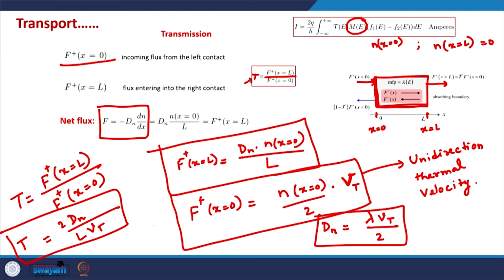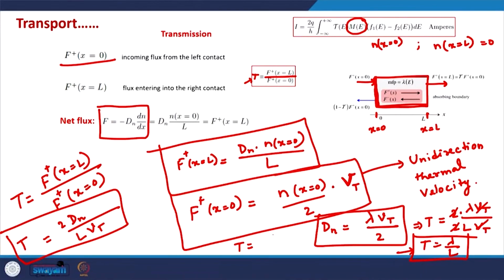If we put this in, then the transmission coefficient in the diffusive limit becomes lambda V_T divided by L V_T, so T is essentially lambda by L, which we have also seen during our discussion of the general model of transport. This is the transmission coefficient in MOSFETs in the diffusive limit.